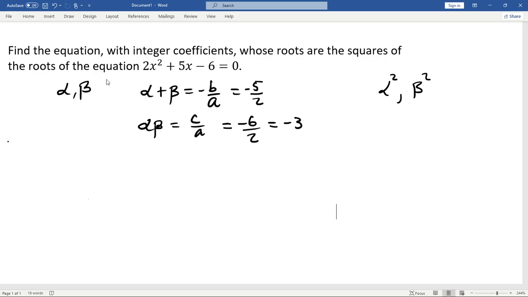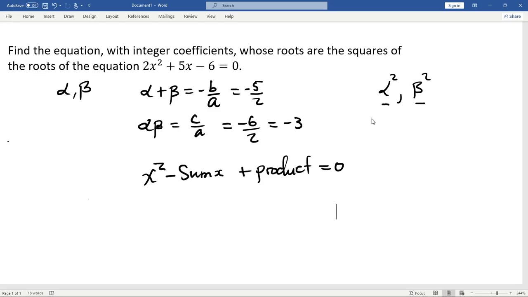Now we're looking for a new equation. The equation is going to come from x squared minus the sum of the roots multiplied by x plus the product of the roots equal to 0. So that's how we get the new equation using the roots. We need the sum of these two roots and the product of these, and we plug them into this expression.